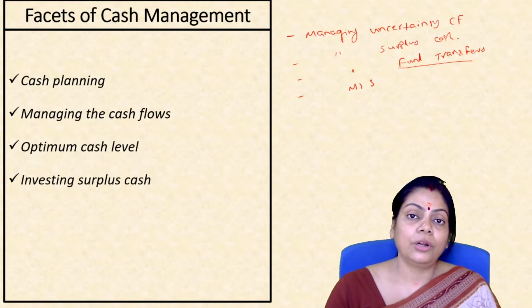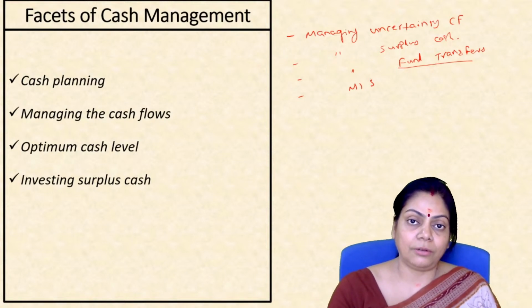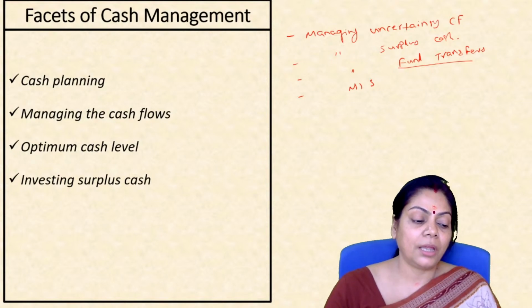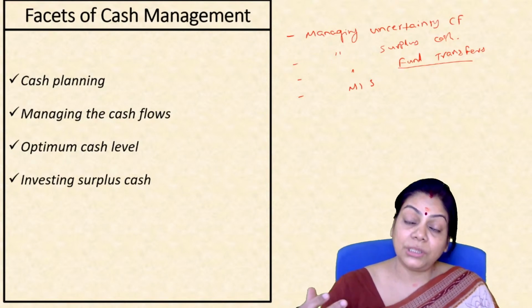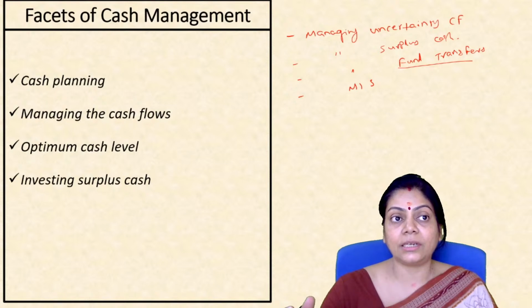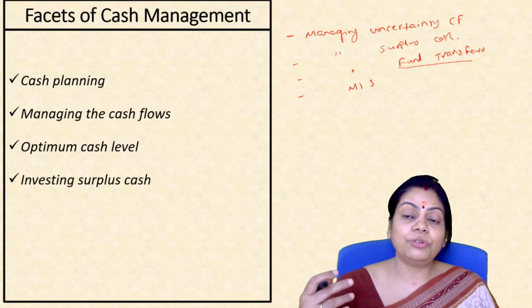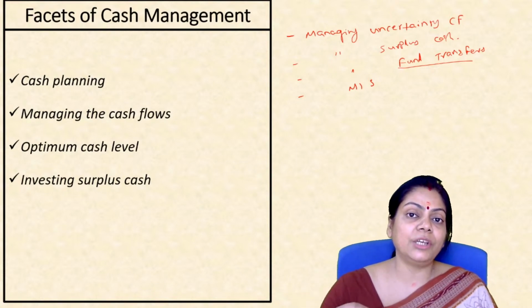The check bounce did not used to be an offense a few years back. Now it has become both a civil as well as a criminal offense, and it comes with a harsh punishment also. So you have to be very careful regarding how you are managing your funds.